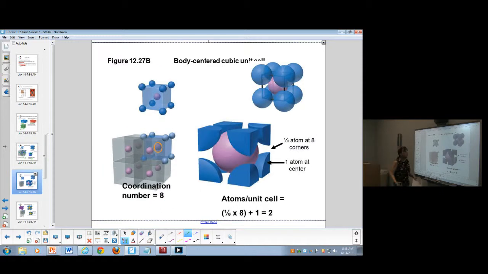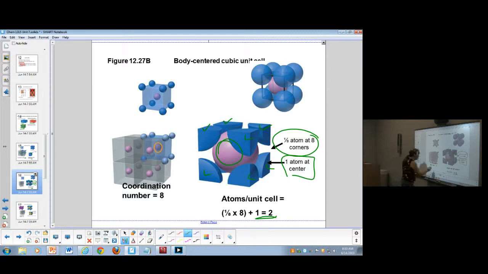Now here's the body center cubic. In this case, this still has 1/8 of an atom at every corner, but now it's got an atom right in the center of it. So it has 1/8 of an atom at 8 of the corners and 1 atom at the center. So it has a total of 2 atoms in that cell.